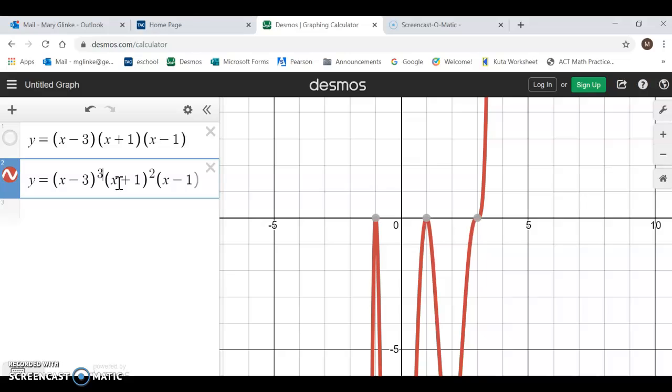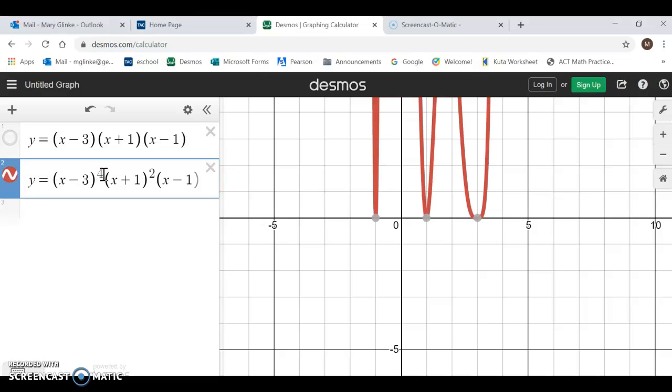Notice what's happening over here at 3, 0. This graph is going through the graph at 3, 0. But what happens if I change this to 4? It looks slightly different, but at 3, 0 now, instead of going through, it's going to bounce off.